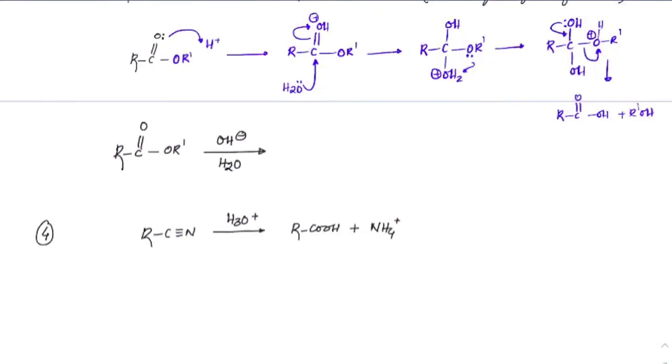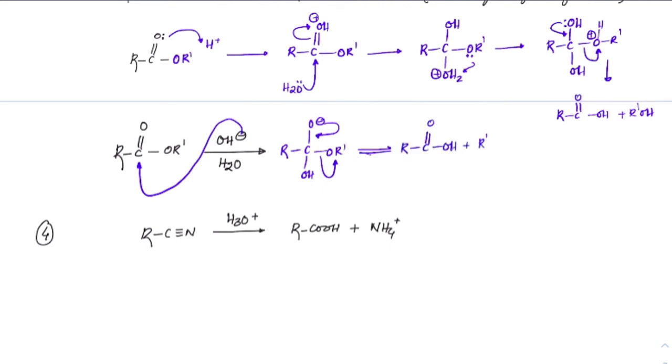In basic medium, OH minus will directly attack here. We will have C O minus OH O R dash, and as it closes, RO minus will leave out. So we'll get this as R C double bond O OH plus R dash O minus.